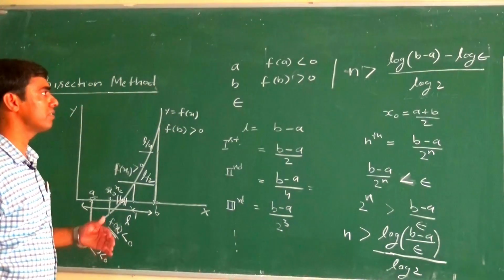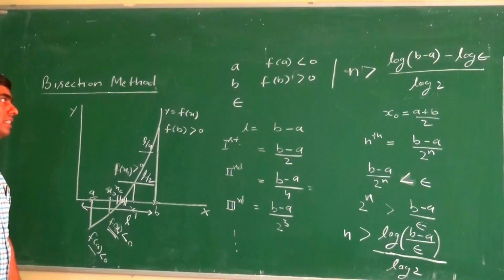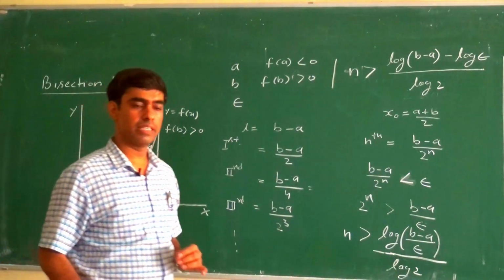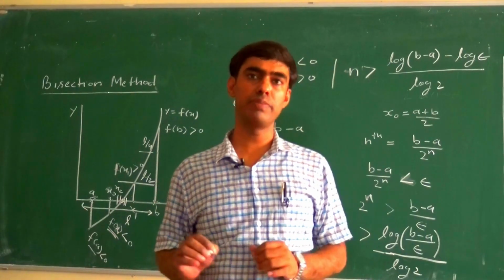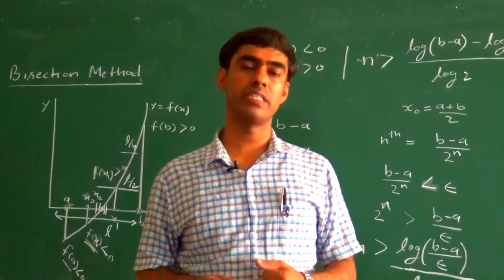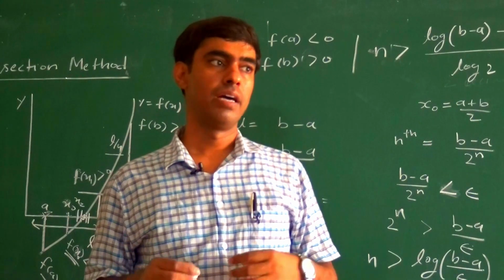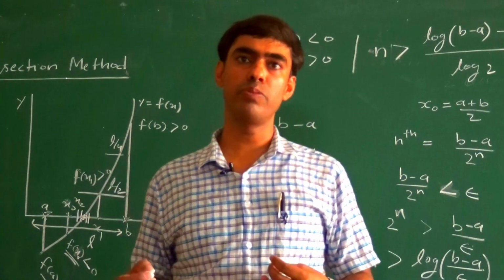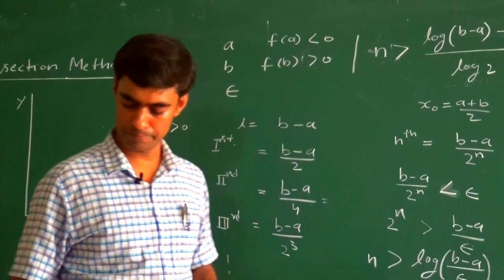And how do we interchange the values of a and b? At the start, we described how we interchange the values of a and b. Now we consider examples of the bisection method. First we consider how we solve an algebraic equation with the bisection method. Then we take another example of a transcendental equation and try to solve it with the bisection method.